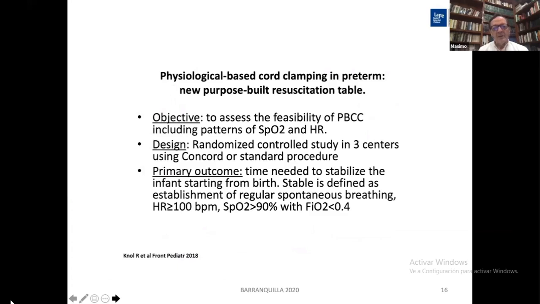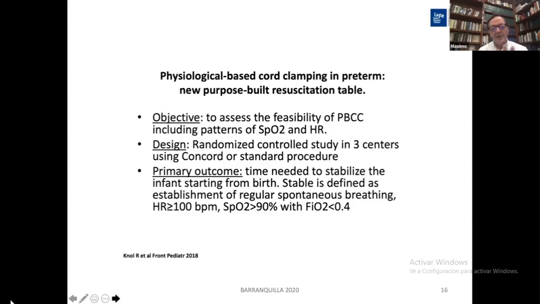The fundament is that the baby starts breathing with the intact cord, and so while the lung is expanding, it allows a transfusion of blood that is going to improve the preload of the heart during the first breaths, allowing the heart not to pump in void, and to have an important afterload to the lungs.